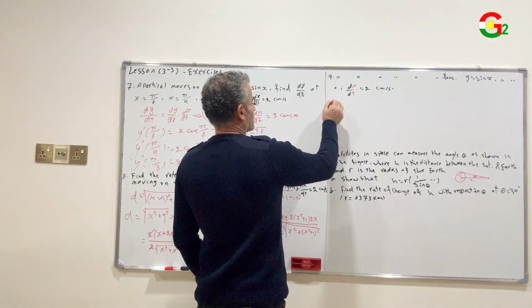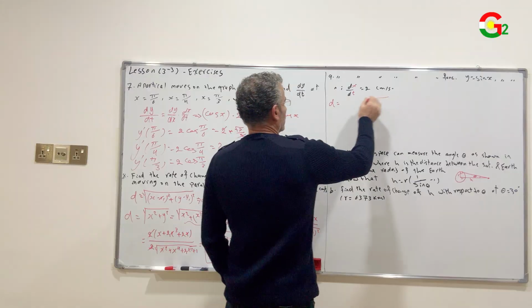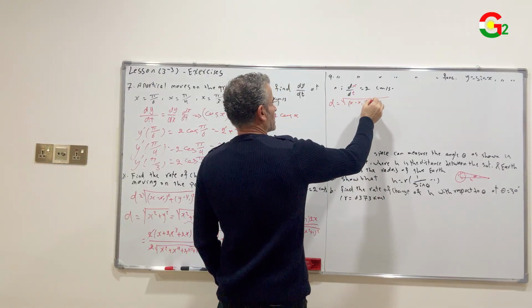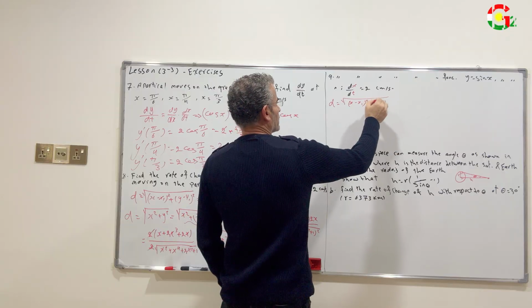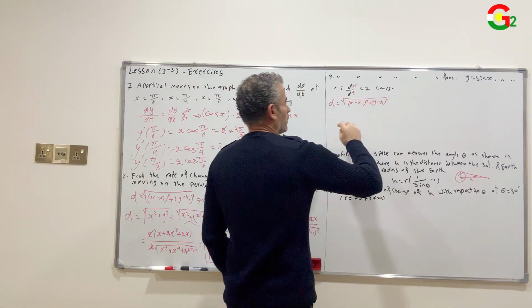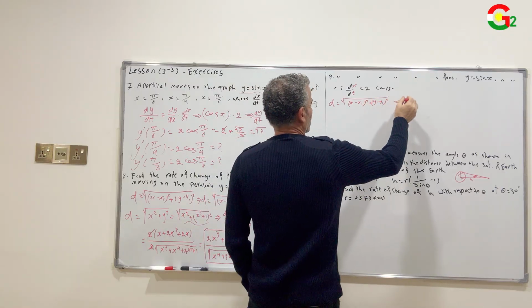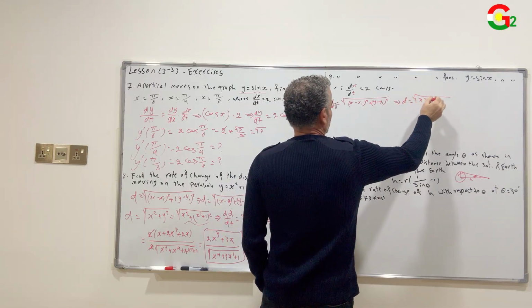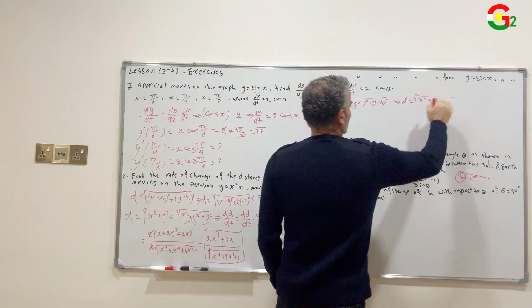The distance formula is d equals the square root of (x minus x1) squared plus (y minus y1) squared. With (x1, y1) equal to (0, 0), d equals the square root of x power 2 plus y power 2.